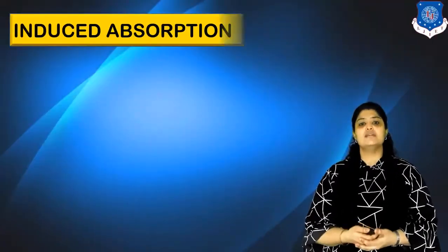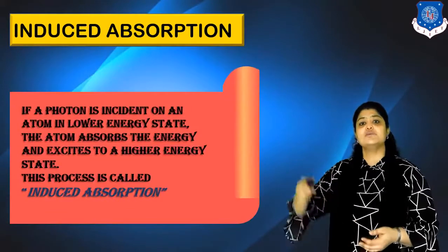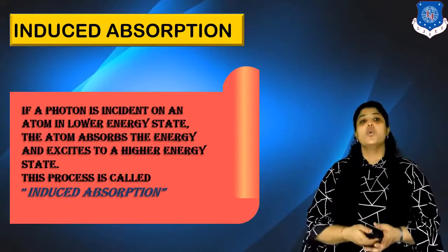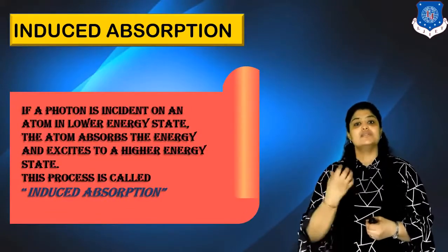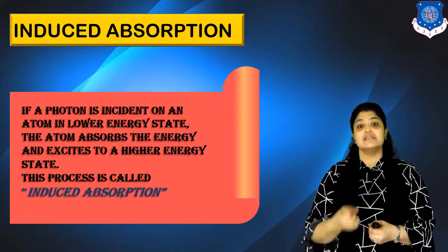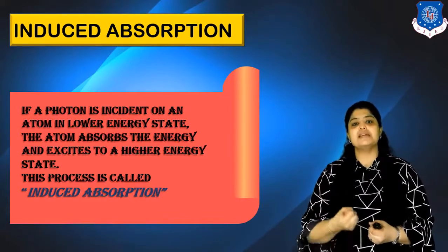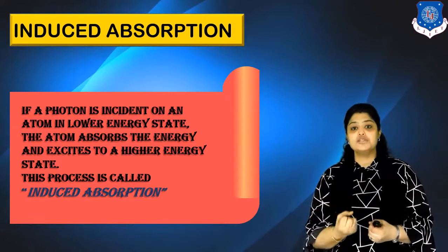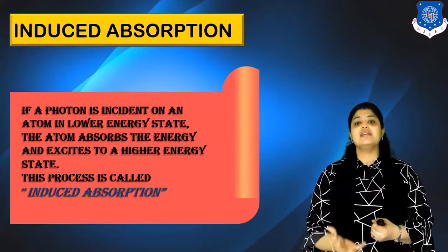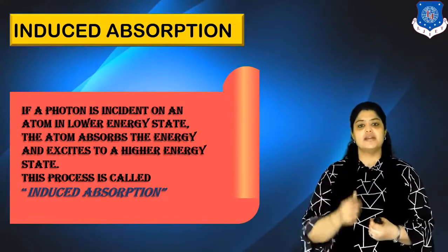So let's start with the first process, that is known as induced absorption. What do you mean by the word induced absorption? Induced means it is with the help of some external source, and absorption means the matter is taking the energy from the radiation.